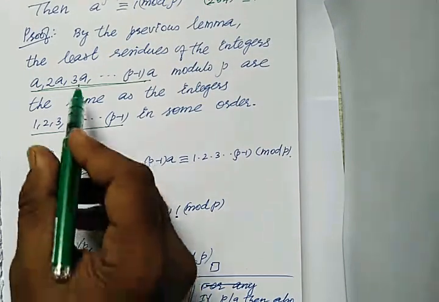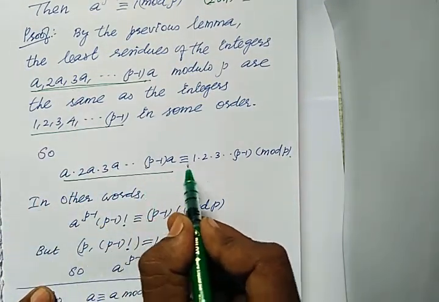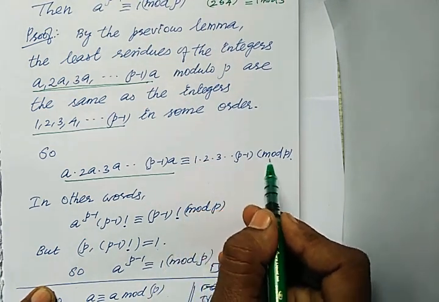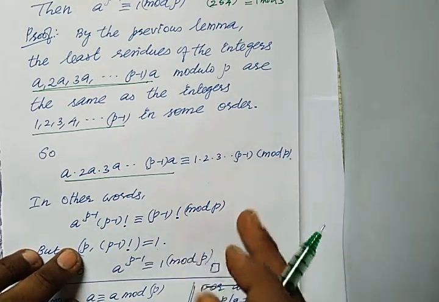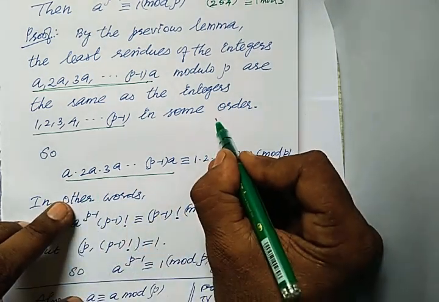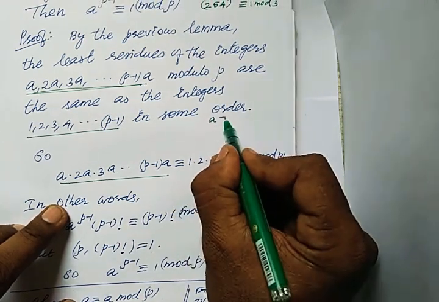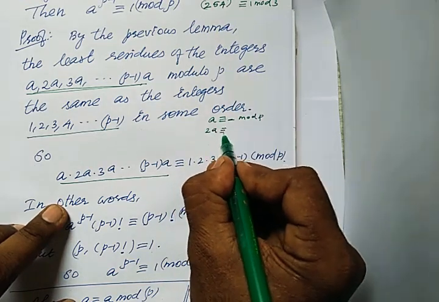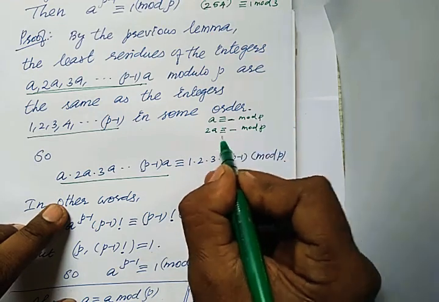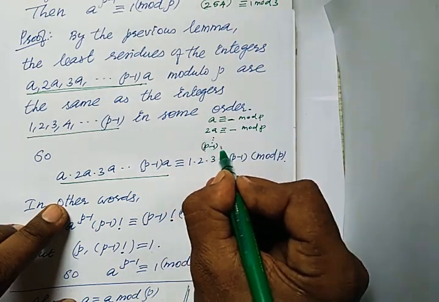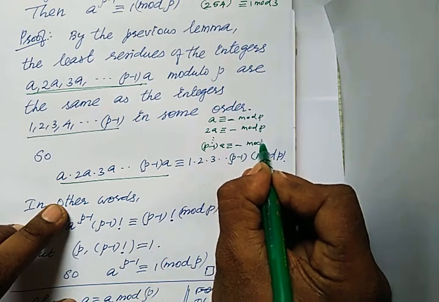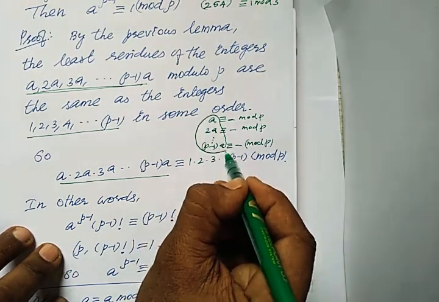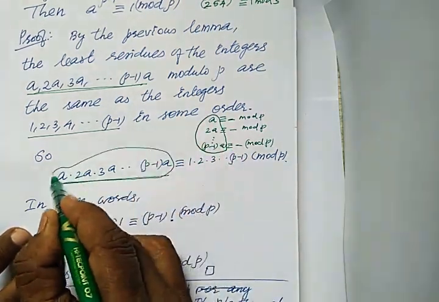So if you multiply these numbers, this will be congruent to the product 1, 2, 3, and so on, modulo P. How does this come? Because A is congruent to something modulo P, and 2A is congruent to something modulo P, and so on, up to P minus 1 times A is congruent to something modulo P, right? And we multiply this together, we get this term, right?